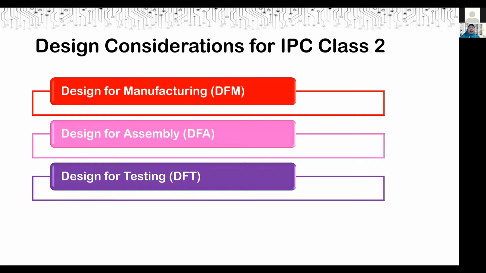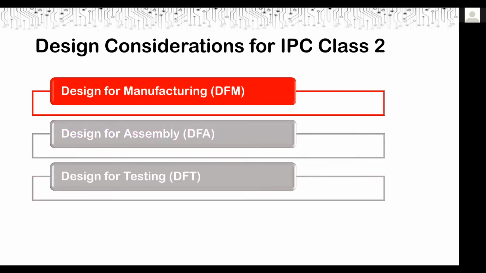Here there are 3 considerations that are important in layout design: design for manufacturing, DFM, design for assembly, DFA, and design for testing. Let's take a look into what these design considerations refer to and what they represent.